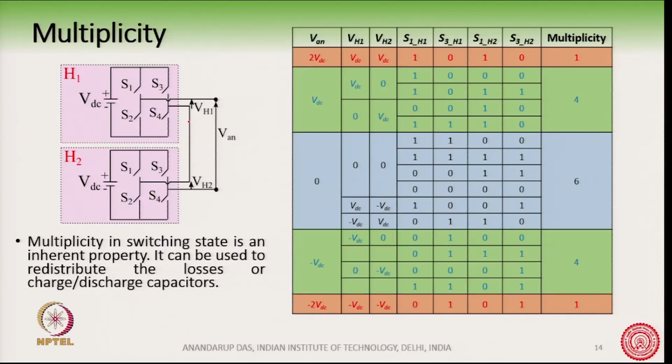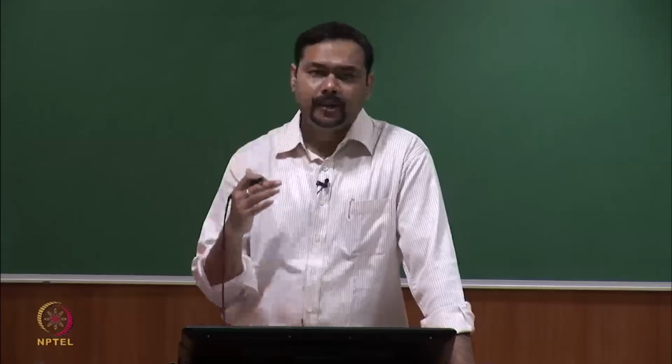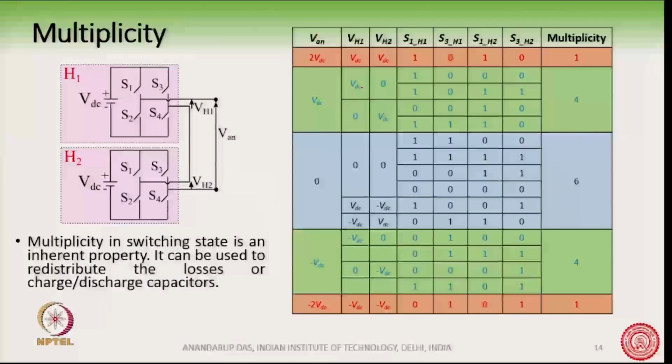So, for example, if the capacitor voltage is going up and I have two multiplicities in my hand to produce the same voltage VDC from the converter, then I know that the direction of the current is such that it will further increase the voltage on the capacitor, injecting more charge into it.